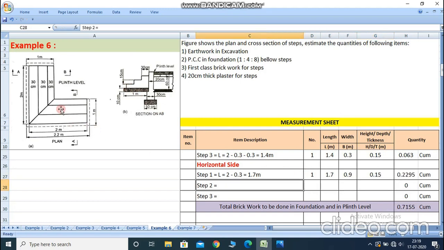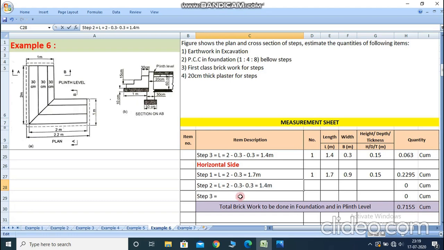Now for step 2, meaning this part, length is 2 meter and this square portion is already calculated. So 2 meter minus 0.3 minus 0.3. So for this part, length L is equal to 2 minus 0.3 minus 0.3 is equal to 1.4 meter.